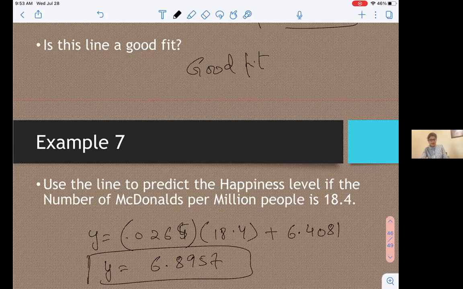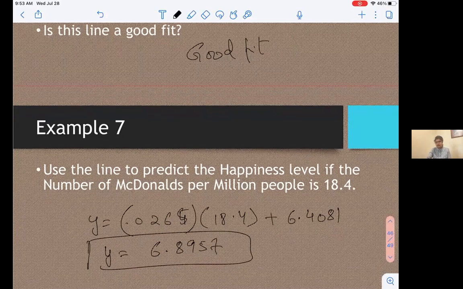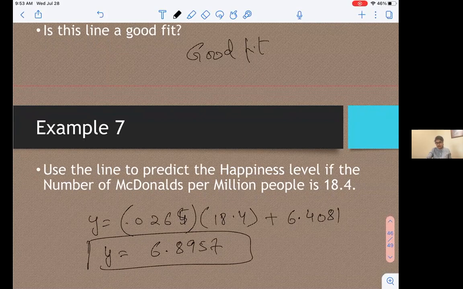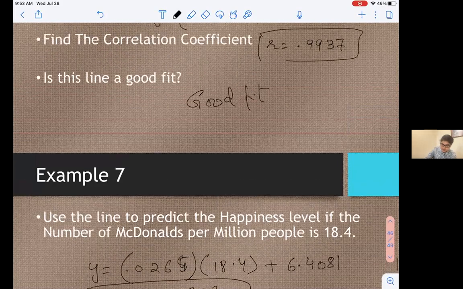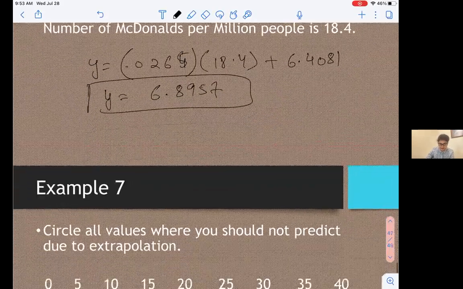This is my level of happiness if the number of McDonald's is 18.4 in the following data points. If you predict in this example, your level of happiness is 6.8957.